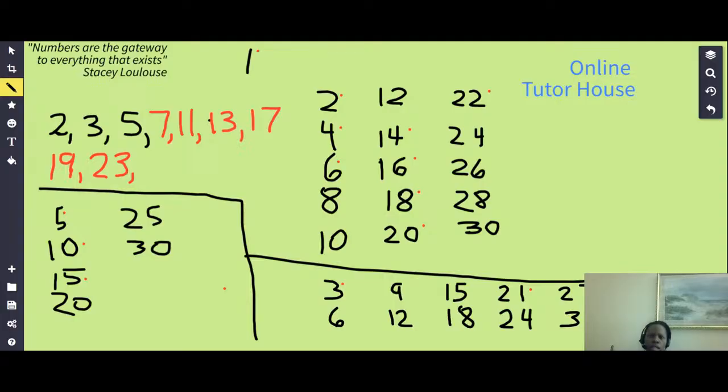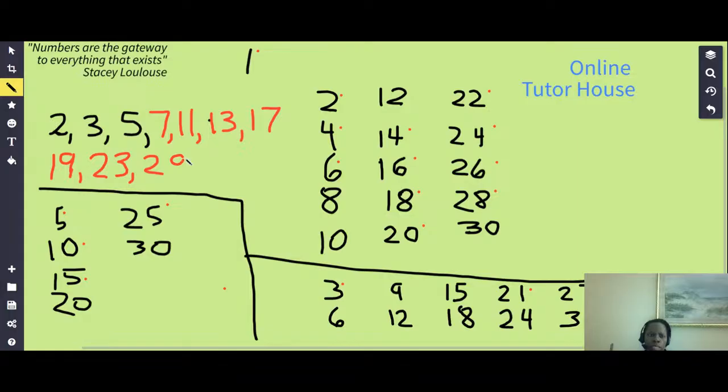Okay. All right. So then after that, we got 24, 25, 26, 27, 28, and 29 is missing.